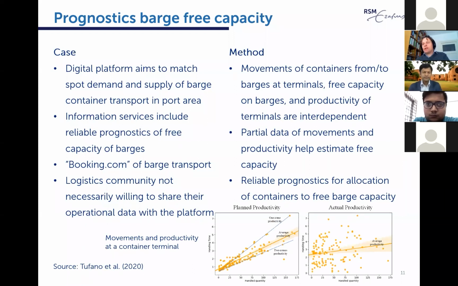Now, the way that we were looking at this and trying to get our hands around it was with, actually I worked with an Italian PhD student who was visiting us, working with this startup. And we realized that we have a lot of sparse data. We have data based on the barge rotation, so we know where barges are.